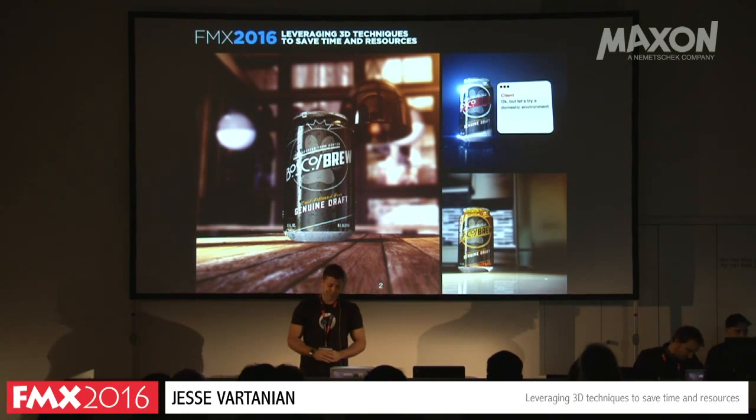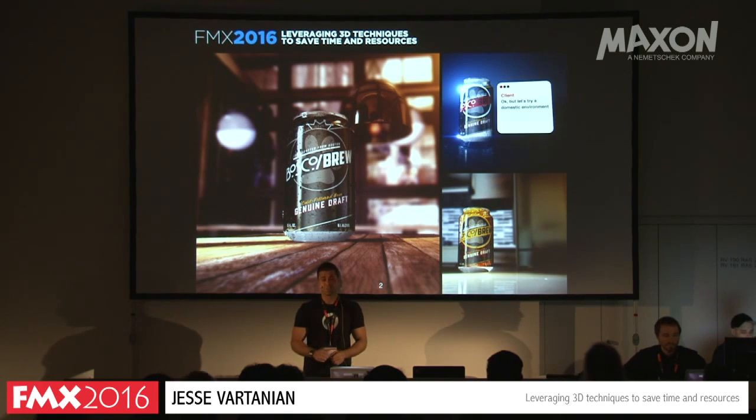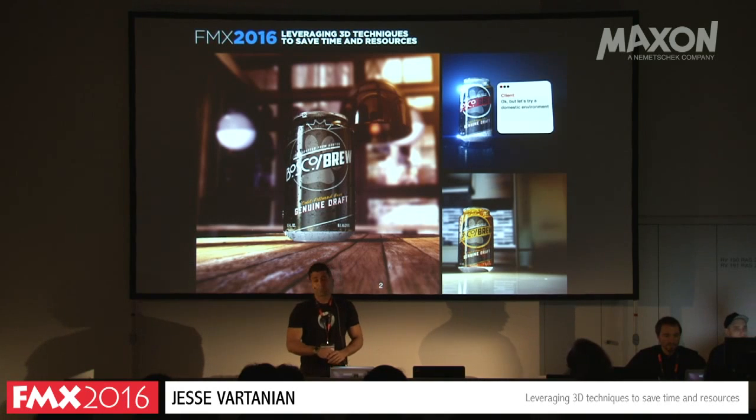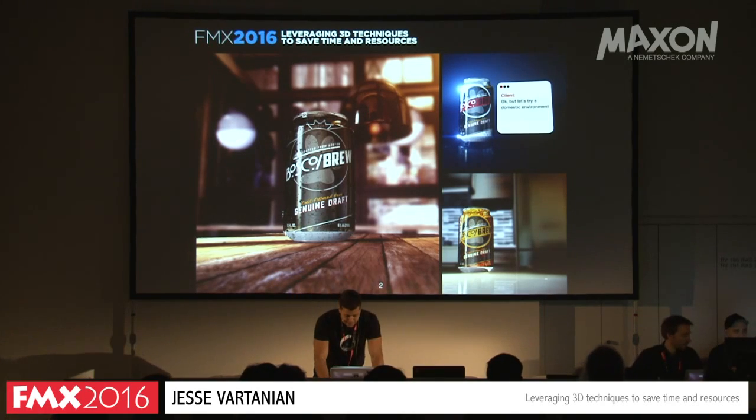I'm going to show you how you can save time that way with the MoGraph system and little workarounds. If we have time, I'd love to go over keyframe animation, textures, render settings, things like that. But let's go ahead and get into it.